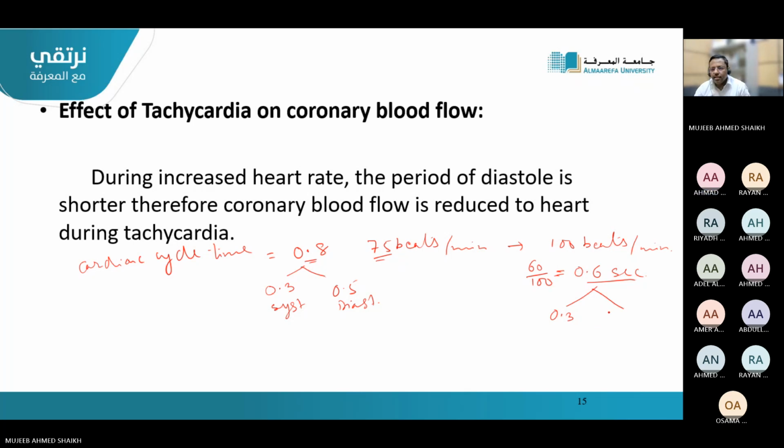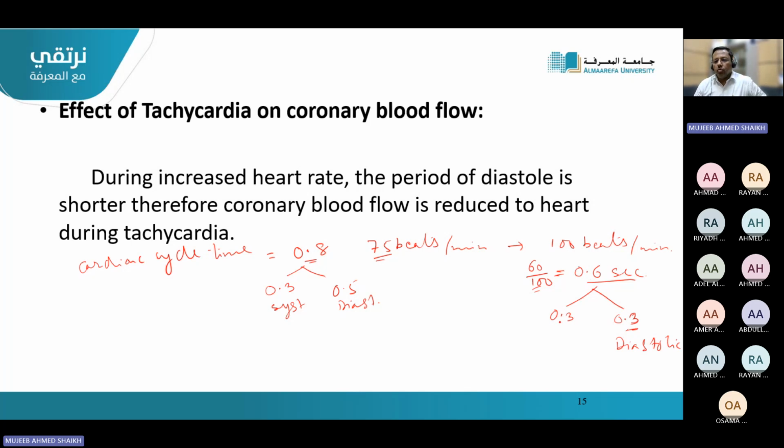Reduced. It may be 0.25 or 0.2, something, but it will be reduced. This is the diastolic time. The main aim is to tell you that during tachycardia, 100 beats per minute being an increased heart rate, there will be reduced cardiac cycle time. This will lead to decreased diastolic time.